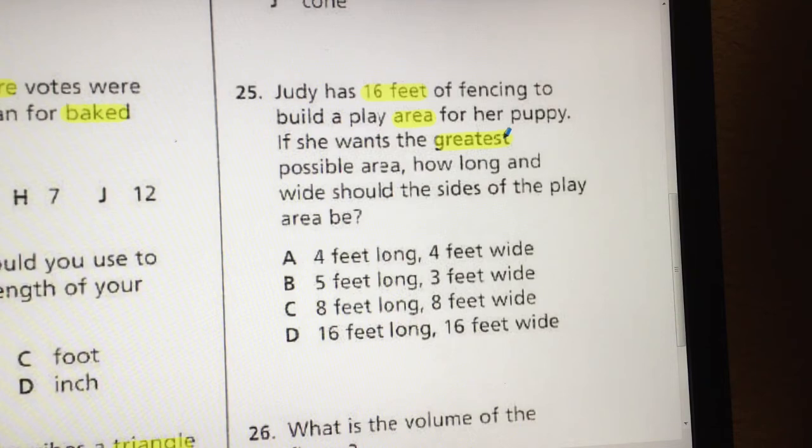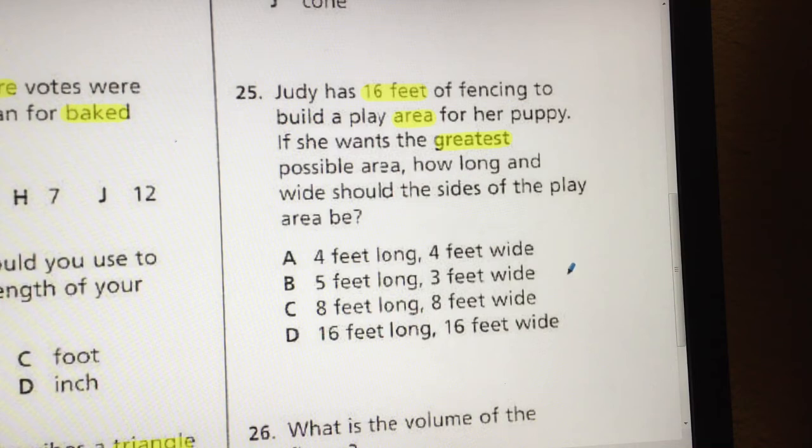So what I would do, we have A, B, C, or D. They give you choices, right? 4 feet long, 4 feet wide. That means you would have 4 by 4 by 4 by 4. Does she have enough fence to make a 4, 4, 4, 4? And then what would the area of that be? Then go to the 5 feet long and 3 feet wide.